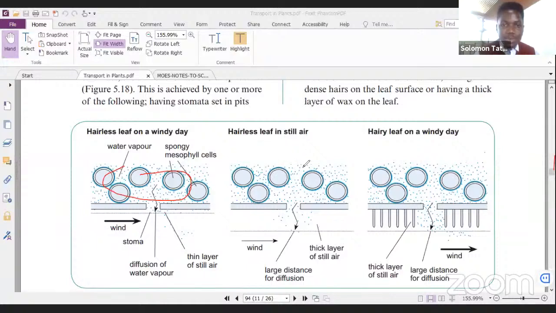Then for the hairless leaf in still air, at least that is a little bit normal. And then for the ones that have hair on a windy day, you can see that the hairs help in trapping the water vapor and things like that. That's another thing we can pick up from here.